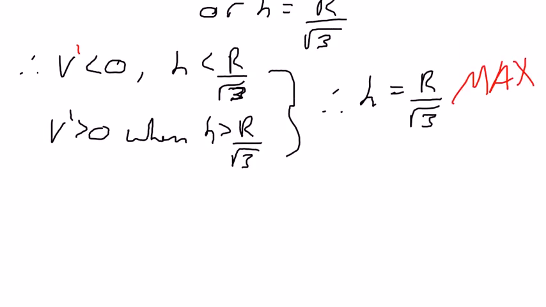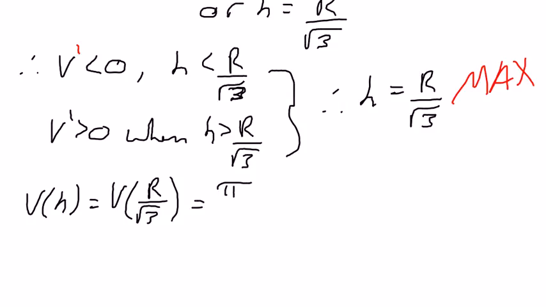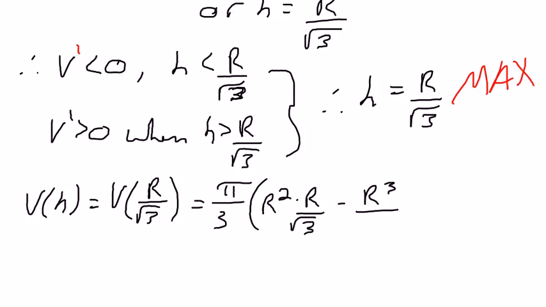So what we're going to do now is go back to our volume, knowing that h is equal to big R over the square root of 3, and plug that in and see what it gives us. So we're going to have r squared times R over root 3, minus R cubed over square root of 3 cubed.